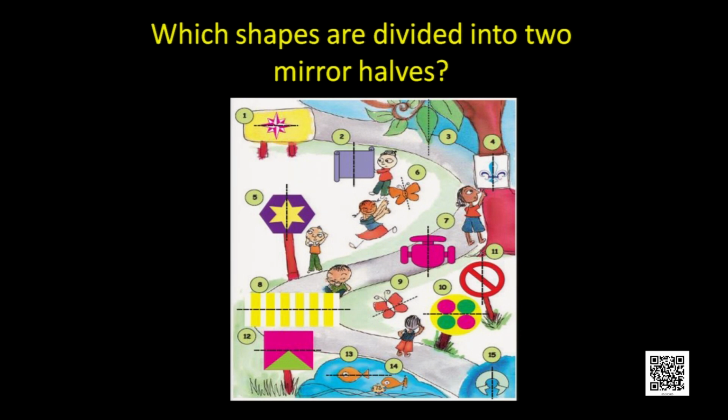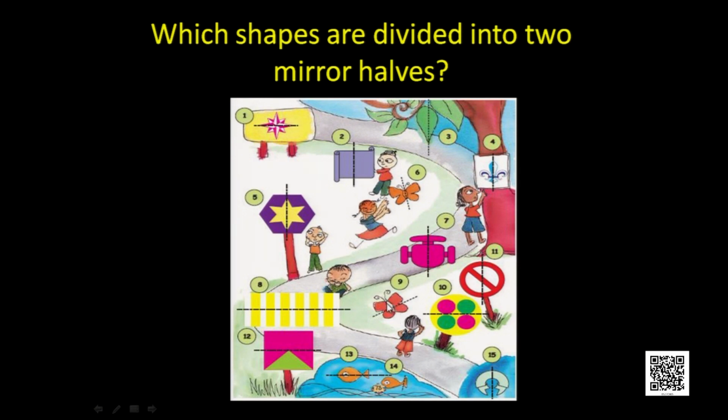Now you see picture number 9, the same butterfly, but here the dotted line, its position is different. Now this is from left to right. So if I fold the upper part over the lower part, it will not cover exactly.